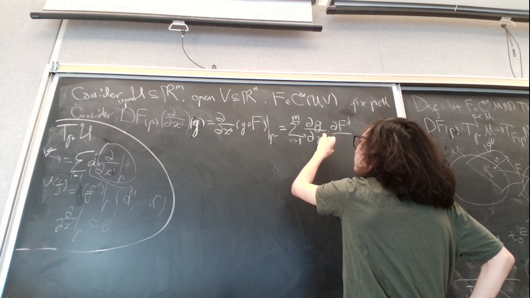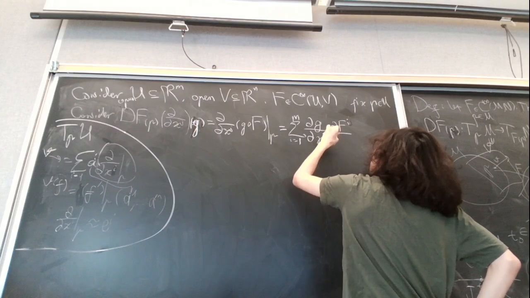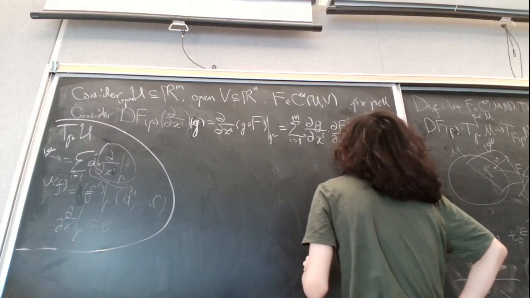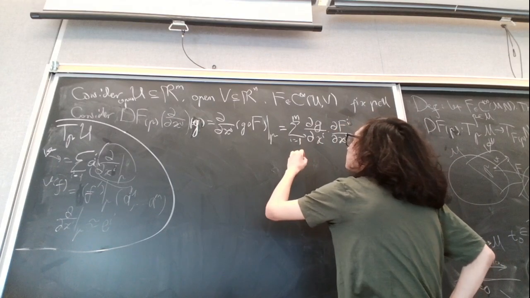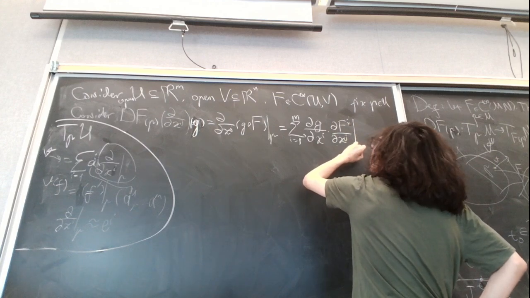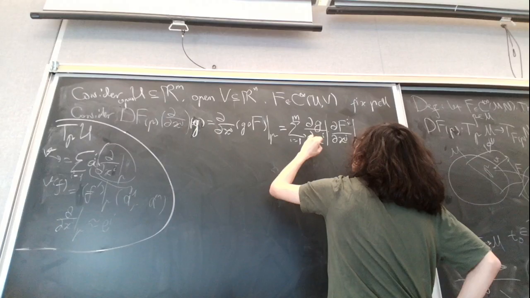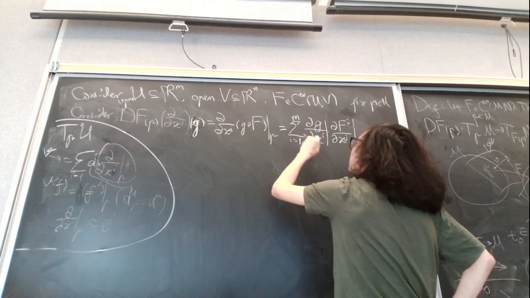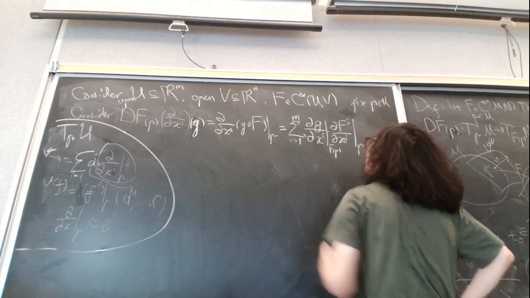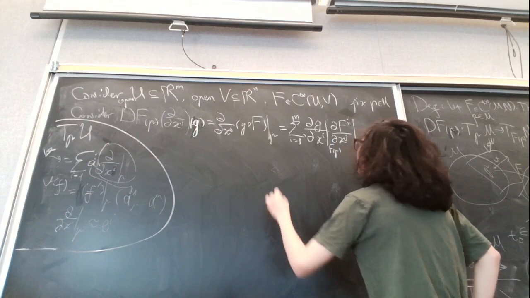Hold on, that's not right. Partial fi partial xj. And this is evaluated at point p, and this is evaluated, no, wait, yes, this is evaluated at point f of p. Is that right? I believe that is right.